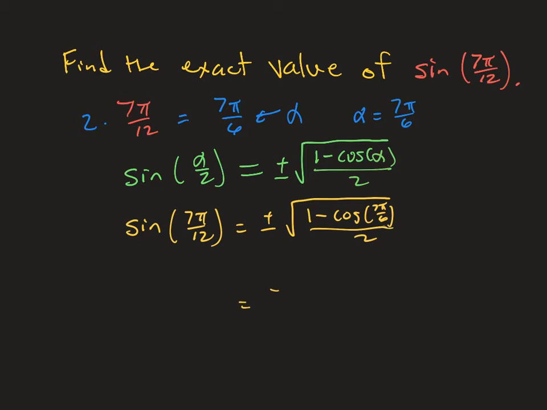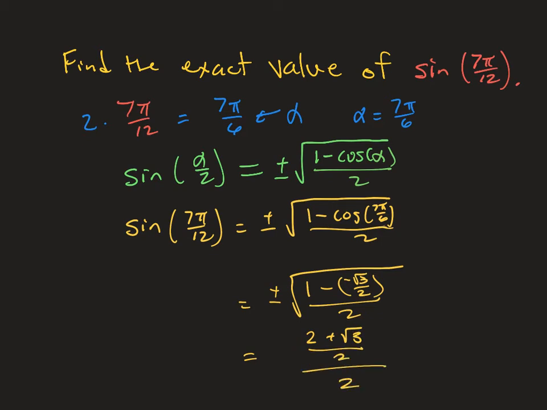And so we are going to have to do 1 minus negative square root of 3 over 2, over 2. That's some kind of crazy complex fraction, but this is 1 plus the square root of 3, 1 plus the square root of 3 over 2. You can write that as 2 plus the square root of 3 over 2 over 2.